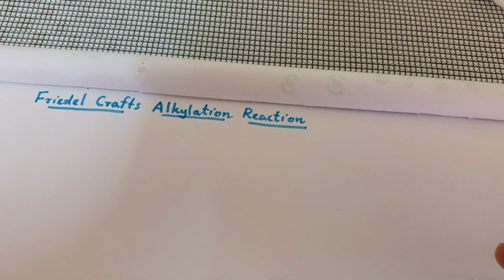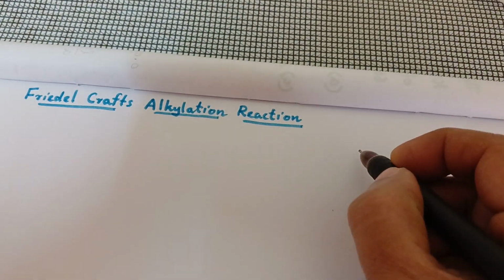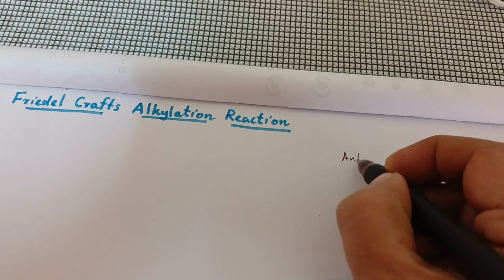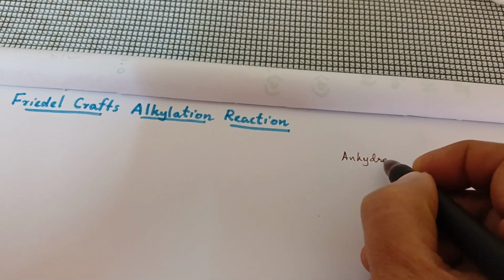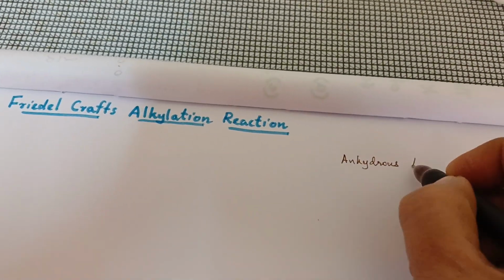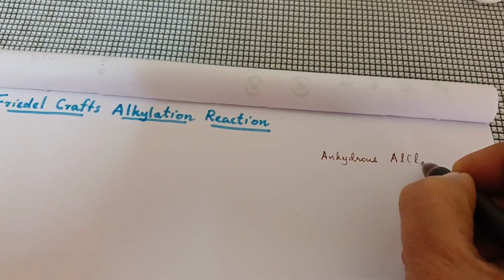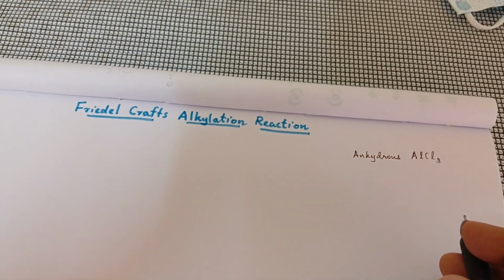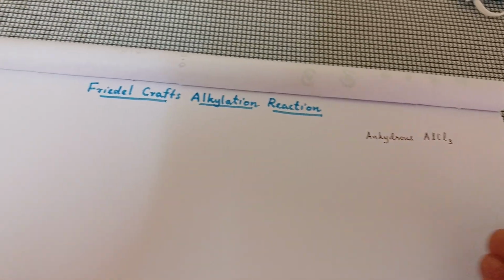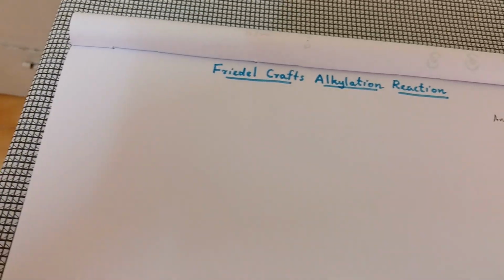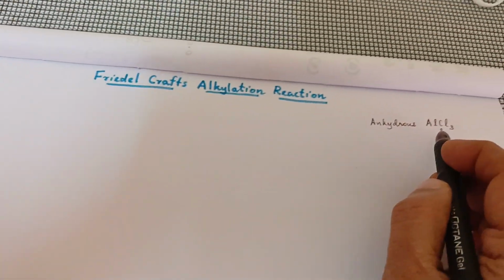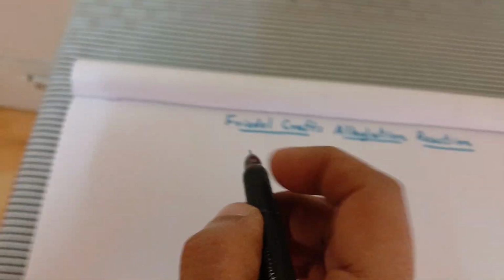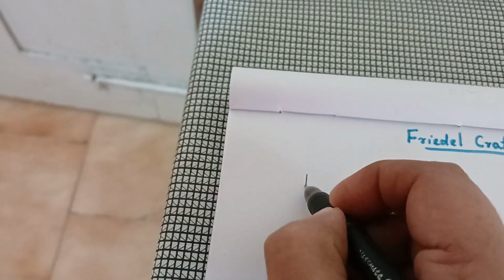The catalyst used is anhydrous AlCl3. Other substances like FeCl3, ZnCl2, SnCl2 or AlBr3, all these can be used. But the catalyst is very, very important.